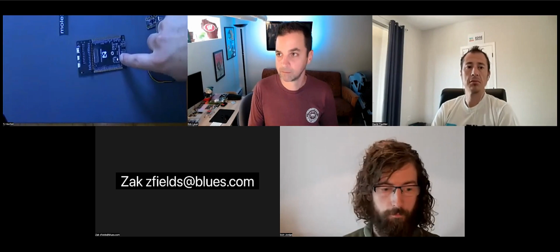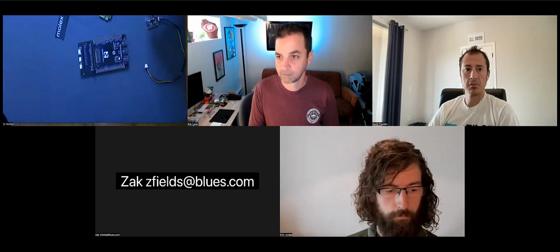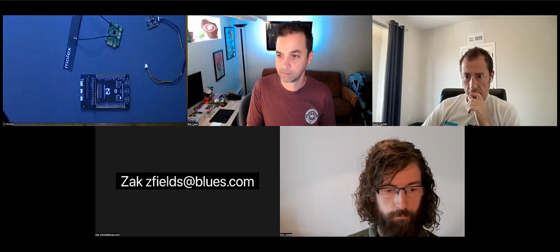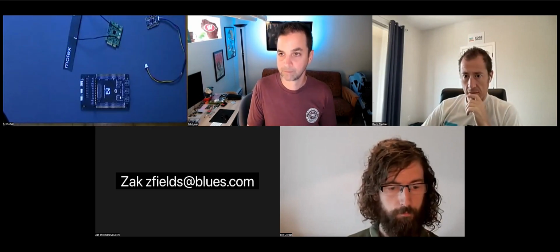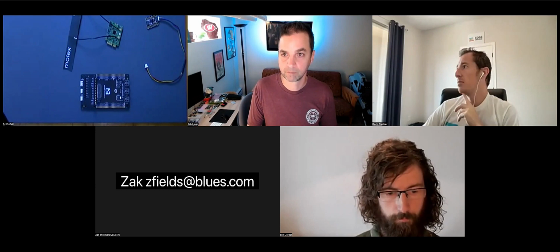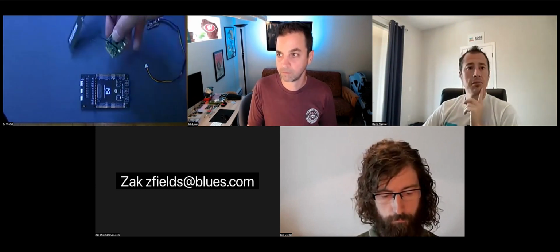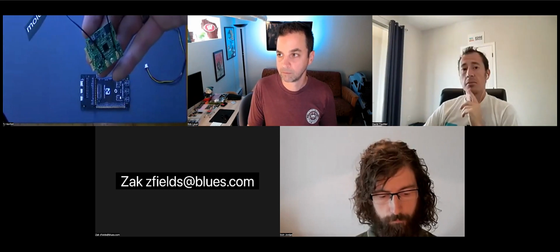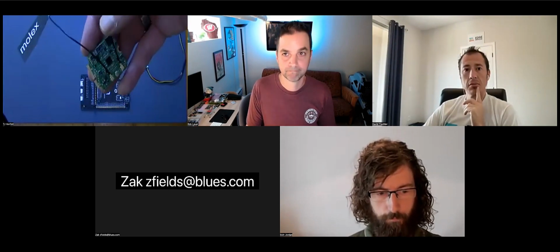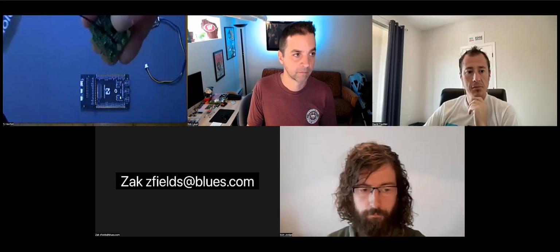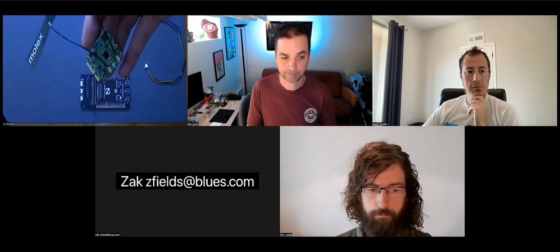So the Notecarrier F, this black PCB over here, as well as a Notecard. And if you haven't already, you're going to need to start by attaching the antenna to your Notecard. Now, you're going to need to make sure to align the different bands on the Notecard. So the GPS antenna needs to go into the GPS slot on the Notecard, and the cellular antenna needs to go into the main slot.